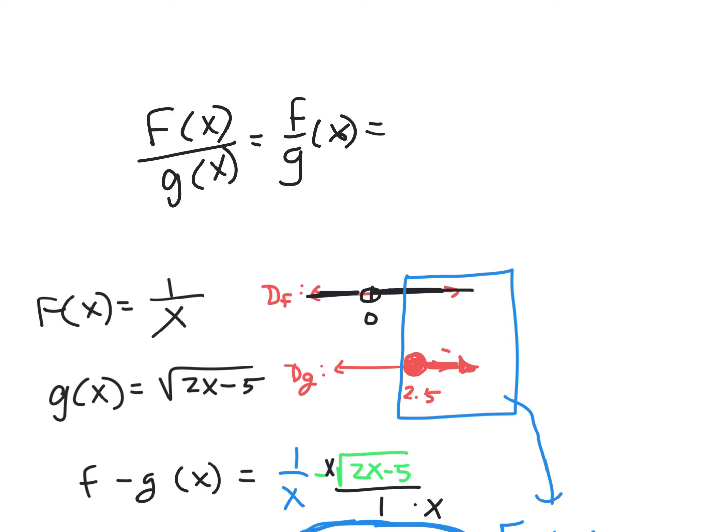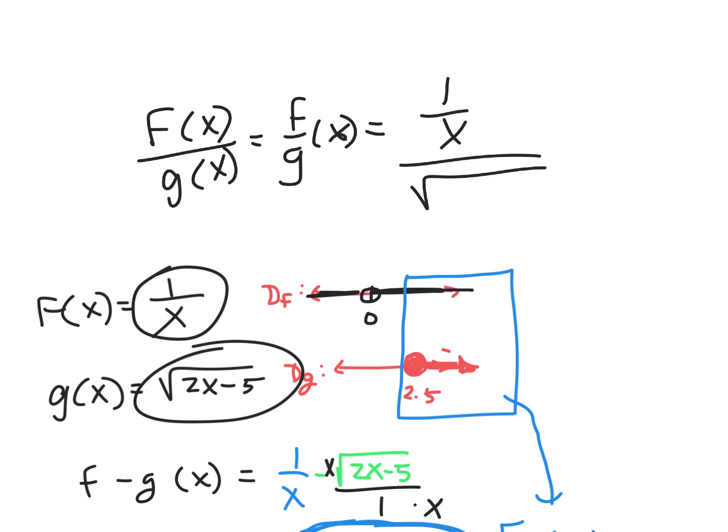So now I've got f of x, which is this one, over g of x, which is this one. And I can put this over 1. And then remember the deal. If you've got a fraction over a fraction, I got my blue fraction and I got my red fraction, I can flip and multiply them.